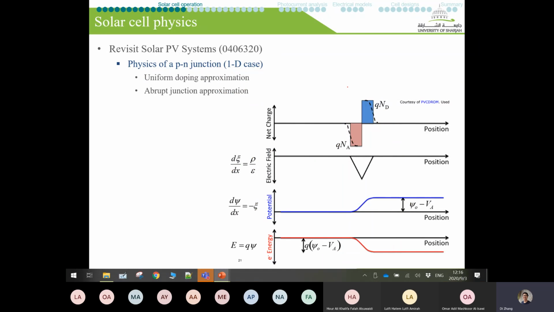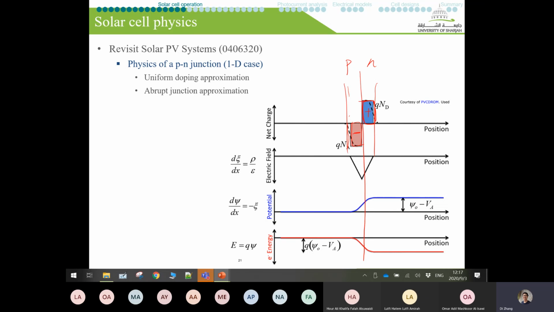Remember, in the p-n junction, inside the space charge region, this is the interface between the p-type and the n-type. This is the n-type, and this is the p-type. We said that we expect some space charge near the interface. On one side we have a positive space charge, on the other side we have a negative space charge.